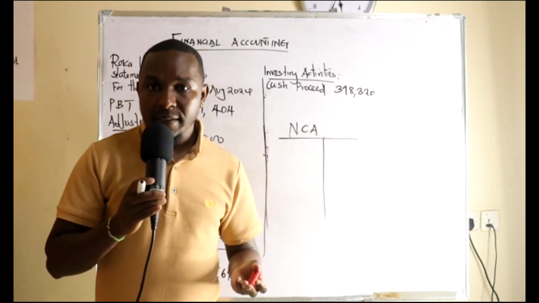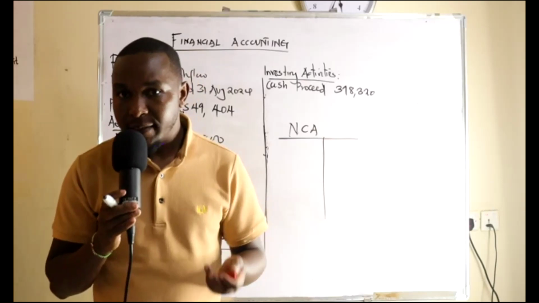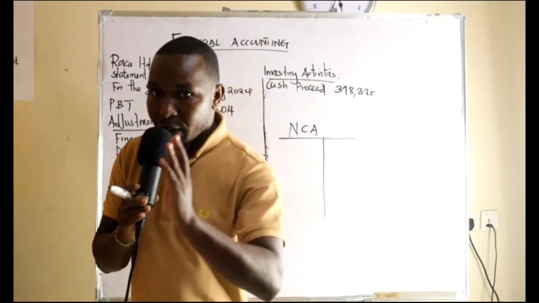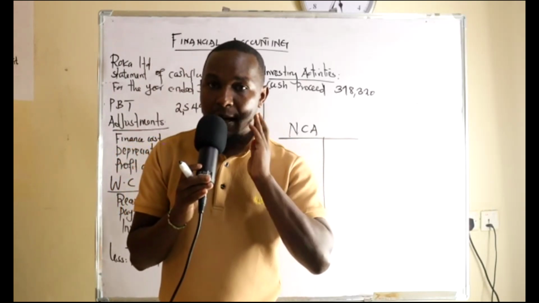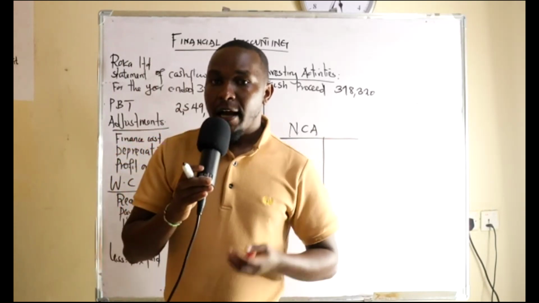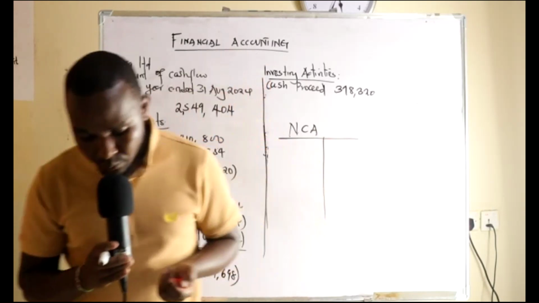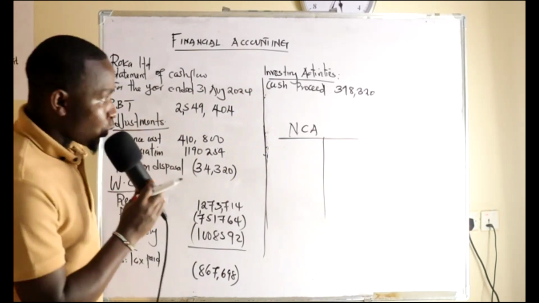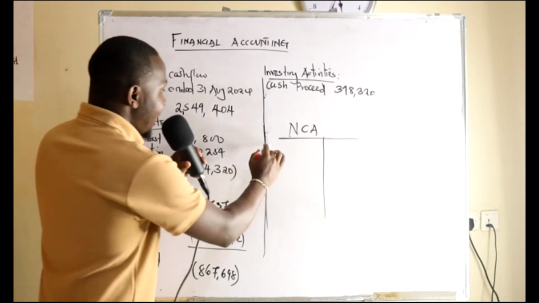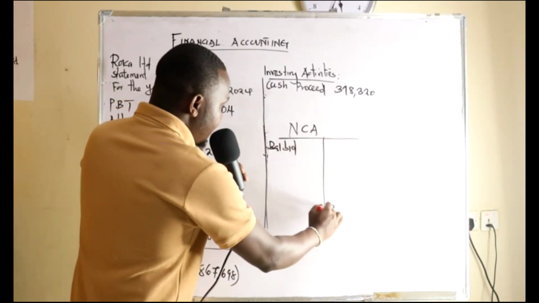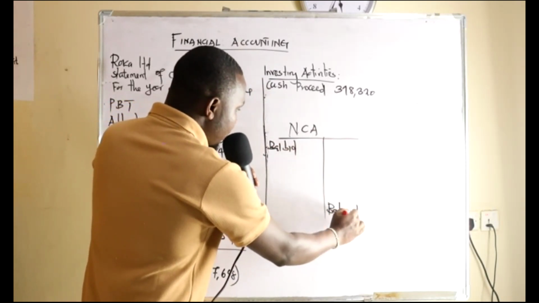If the examiner has given you the cost, you can decide to go with the cost. If you decide to open the account with the net book value, open with the net book value. At the end of it, you will get the same value. So it is very easy to open with the cost, where I will capture the balance brought forward here and the balance carried forward here with the cost value.